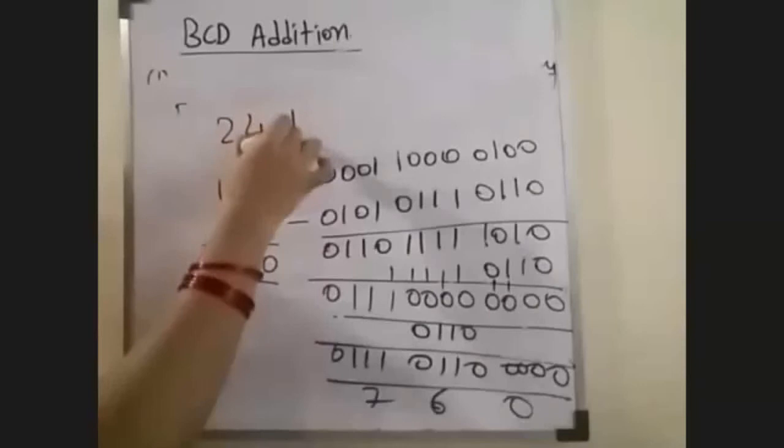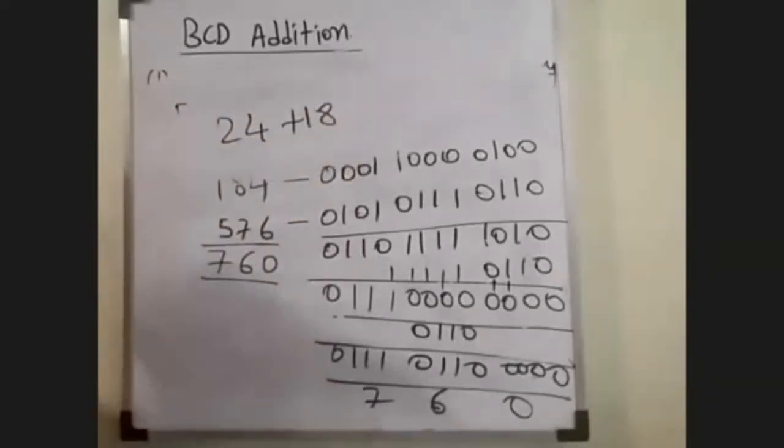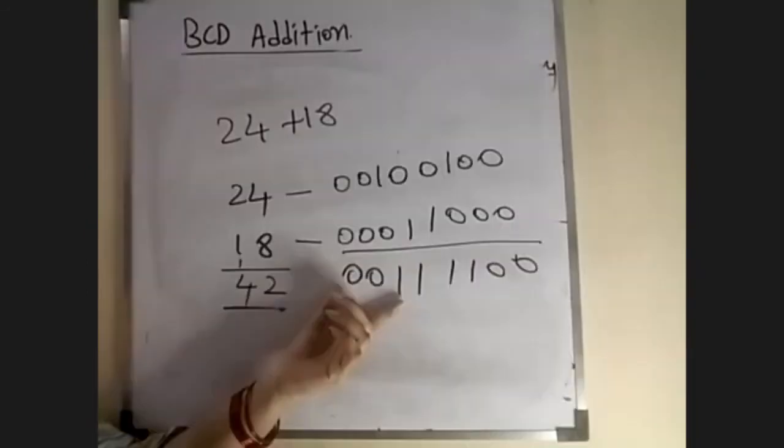24 plus 18, and tell me the result finally. 24 plus 18. So 2 is nothing but 0010. 4 means 0100. 1 means 0001. 8 means 1000.